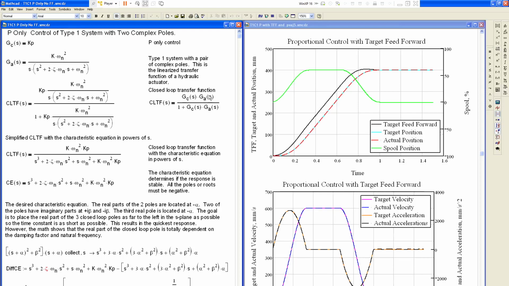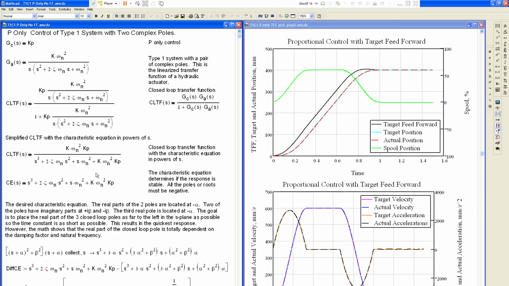This is the definition of a closed loop transfer function. So I do the substitutions, and I get this equation. And if I simplify this, my closed loop function has a numerator that has no zeros and a denominator that has 3 poles.